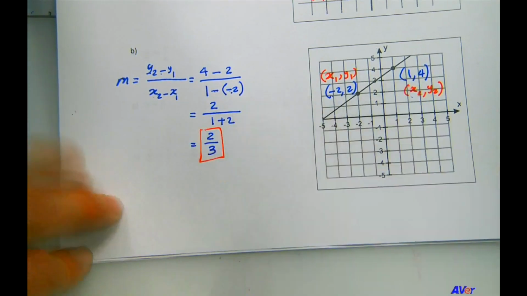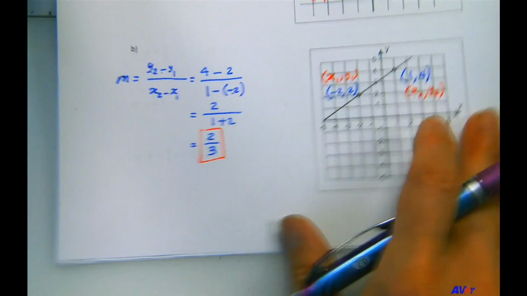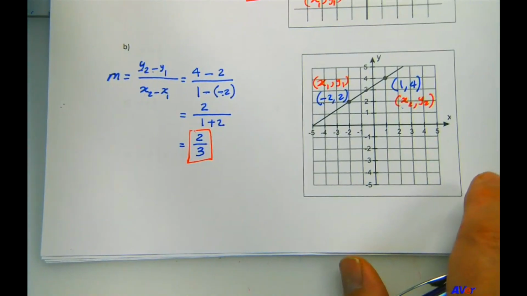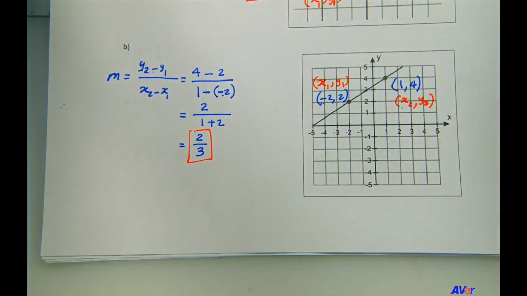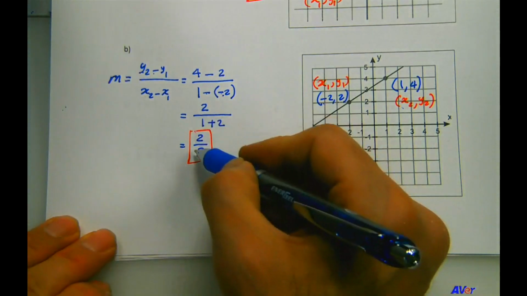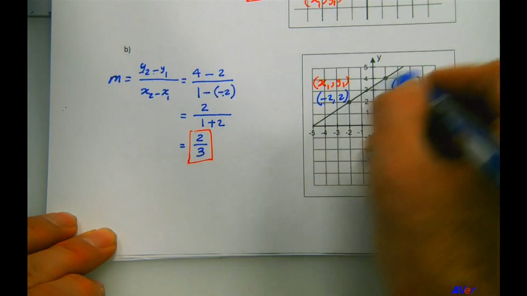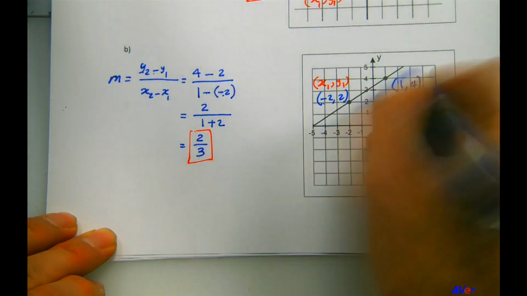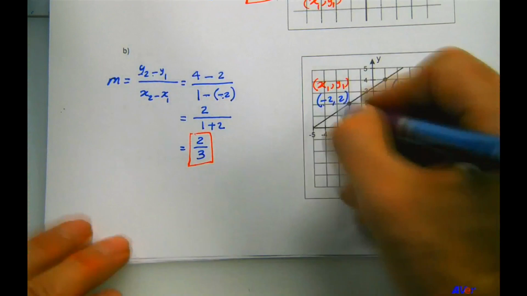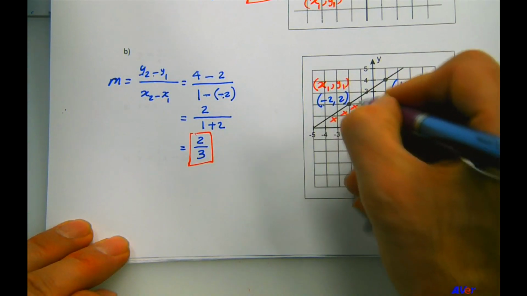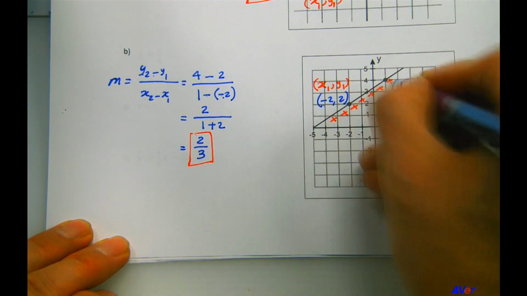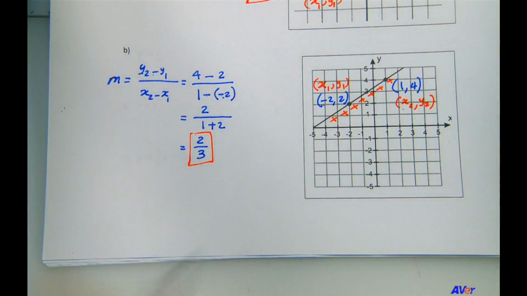Does it make sense when you look at the graph? It should, right? Because this is a positive slope. And what do we have here? We have an uphill sloping line, so it must have a slope that is positive, like that.